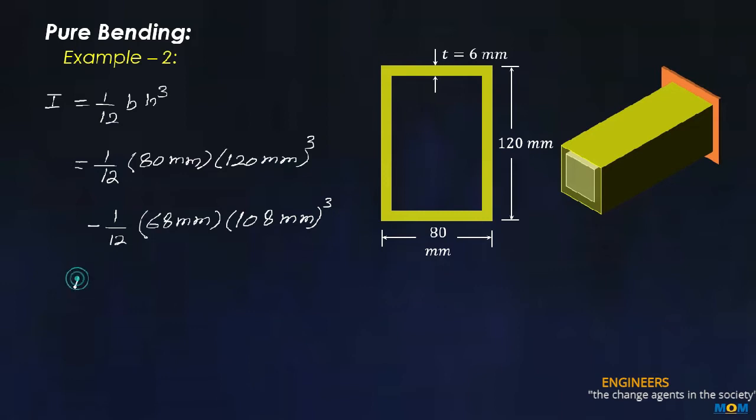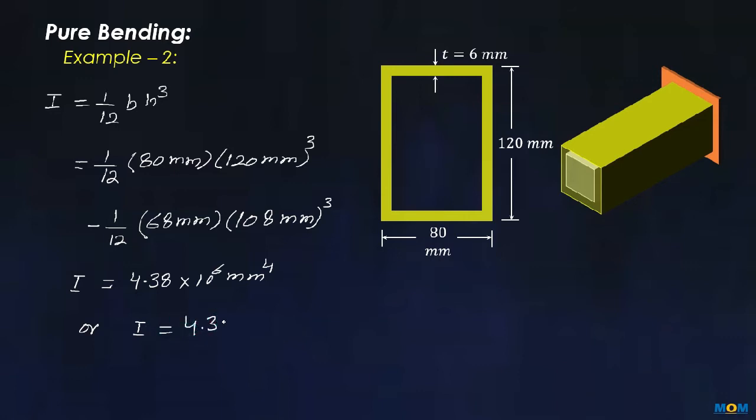Now after solving this, we have the value of I, that is 4.38 into 10 raised power 6 millimeter 4, or in meters I is going to be 4.38 into 10 raised power minus 6 meter 4.